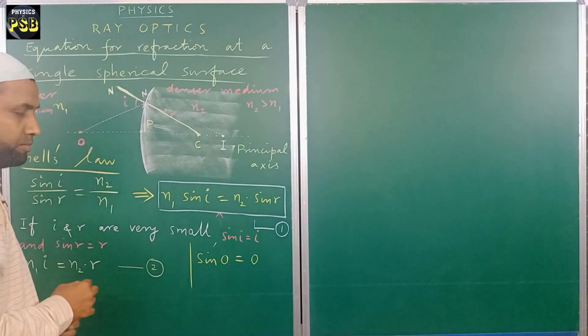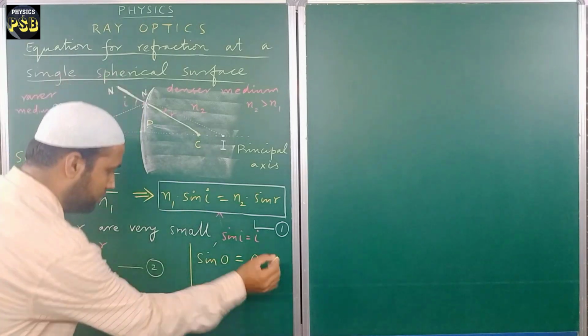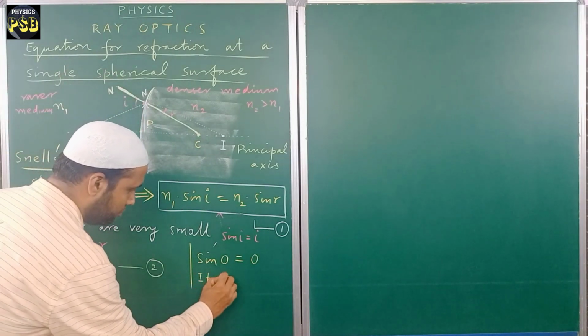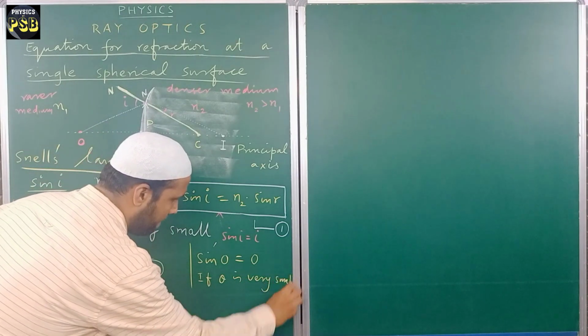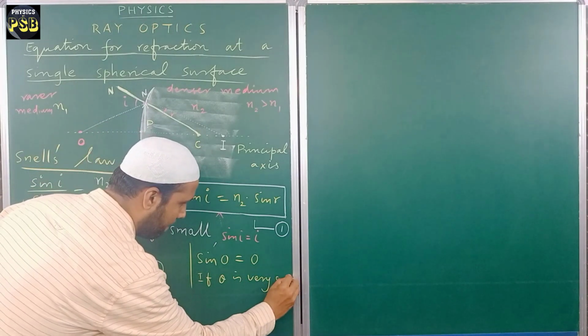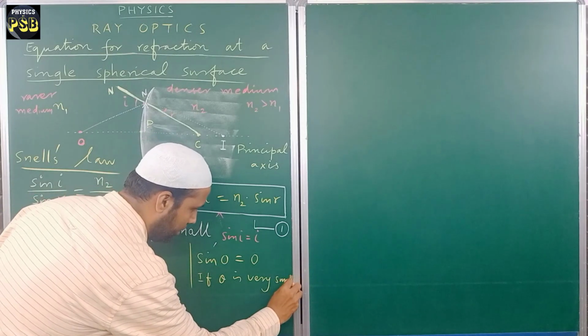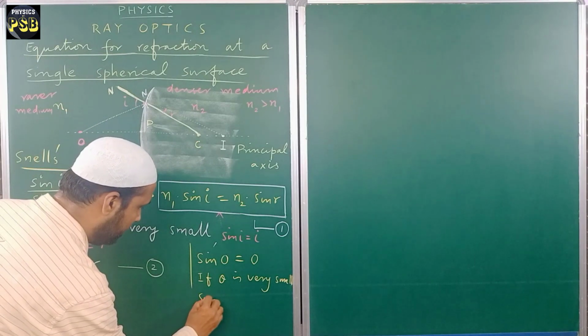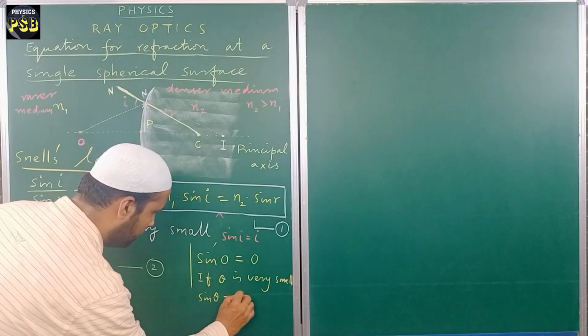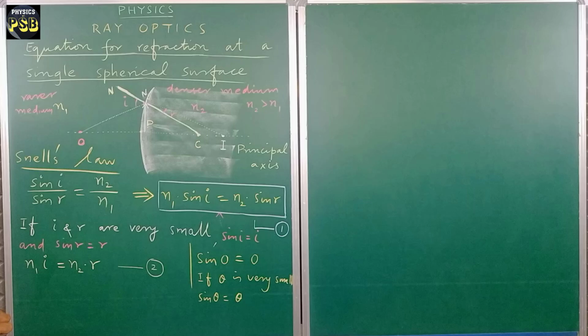This way, if theta is very small, then we take sin of theta as theta. Got it?